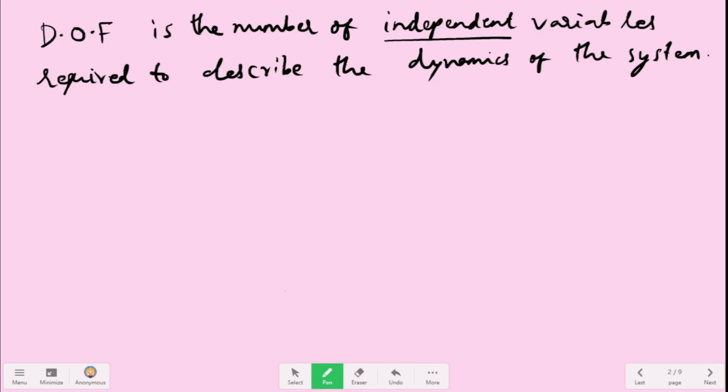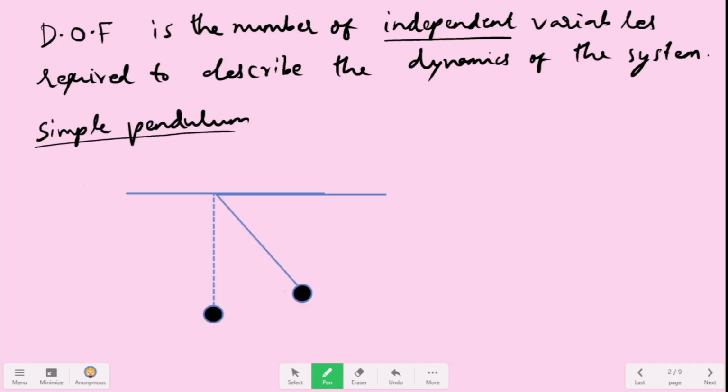Let's calculate the degree of freedom for different systems, starting with the simple pendulum. In a simple pendulum, we have a rigid ceiling. This ceiling is rigid here, and this is a string of length L, and it is constant, it is inextensible.